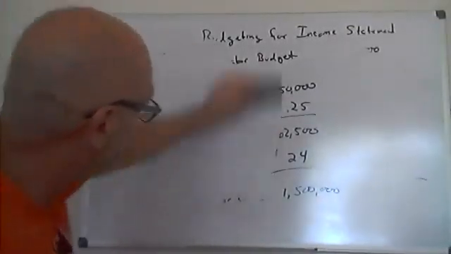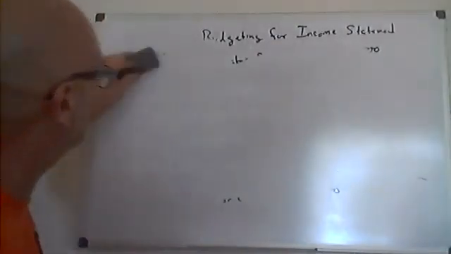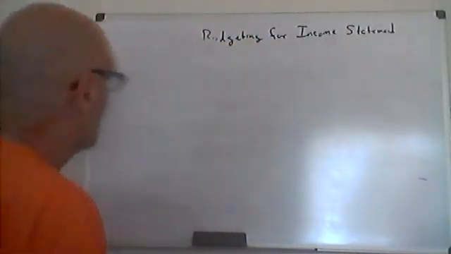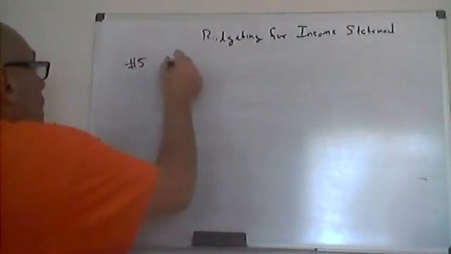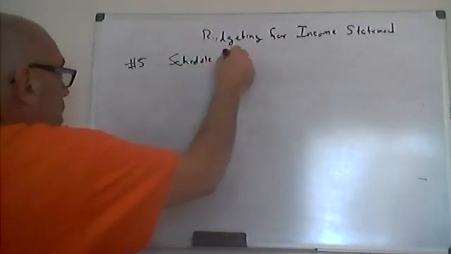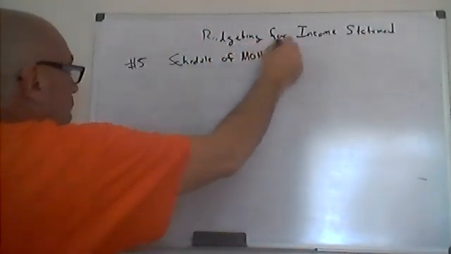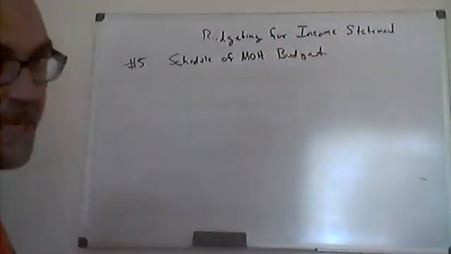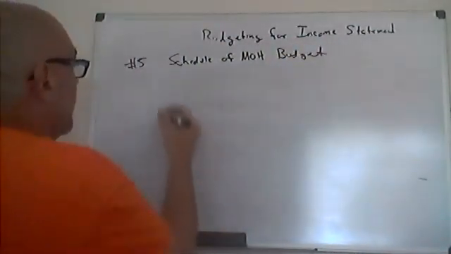All right. Number 5. The schedule of manufacturing overhead budget.